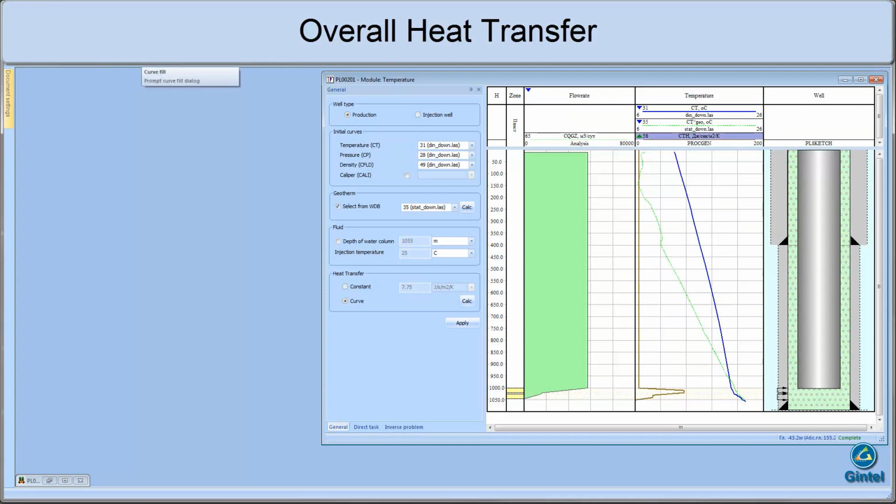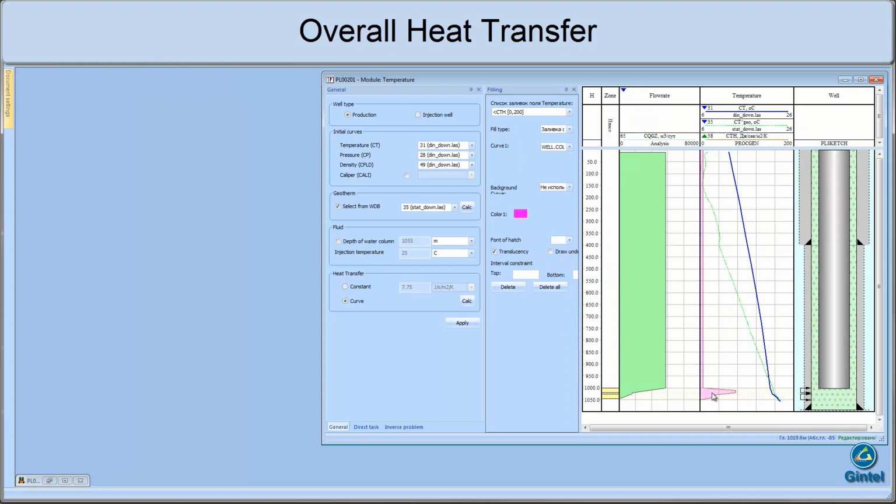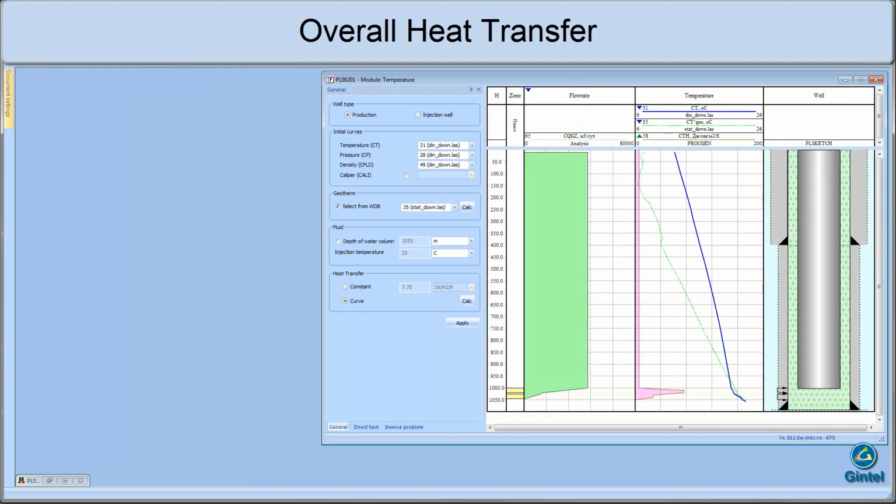I will do some curve filling for the log. Okay, we see the minimum heat loss at the bottom of the wellbore, where no flow occurs. It tends to 0. While the flow rate increases upwards, the heat transfer will reach its maximum.